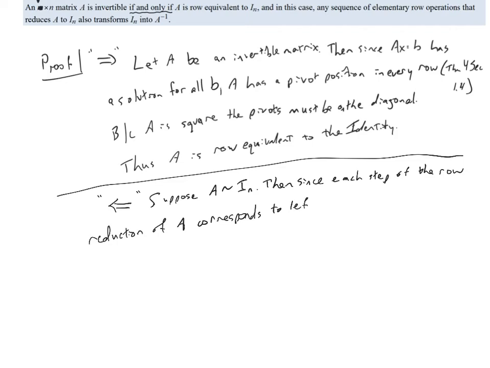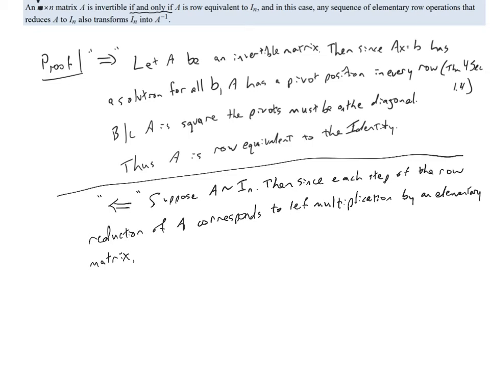To left multiplication by an elementary matrix. Okay, so that's each step of the row reduction corresponds to some multiplication problem.